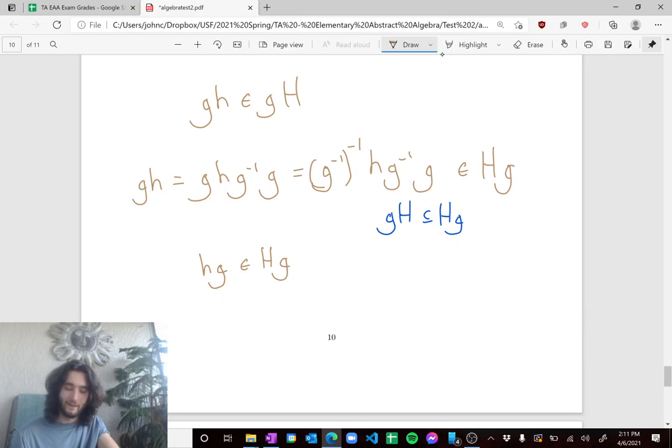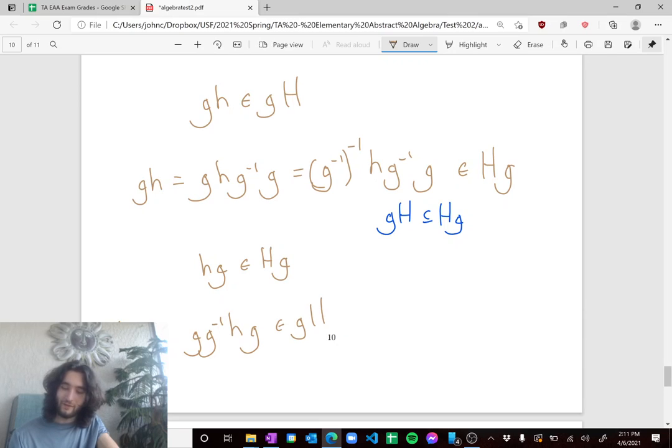So then the next part you say, well, start with something from Hg, and you see that that is the same. We can give this a g inverse h g. And then those three things on the right, we know that that's equal to something in H. And so you could give that a name, or by the same token from last time, you can just say that that's in gH like that.